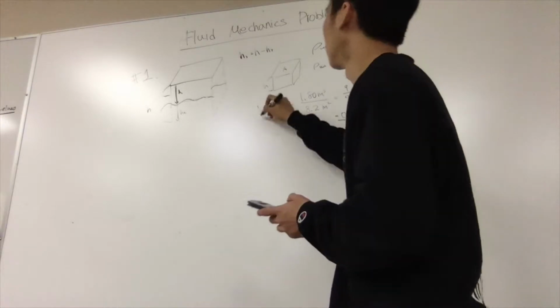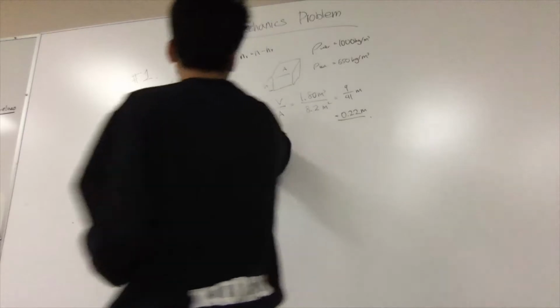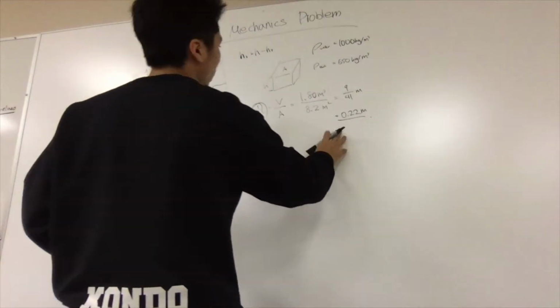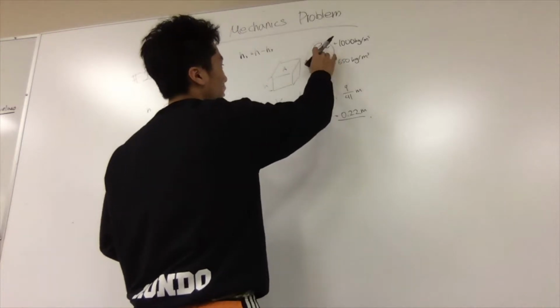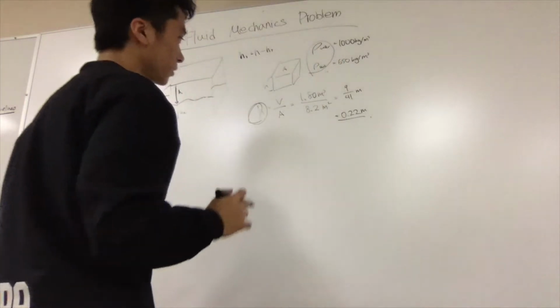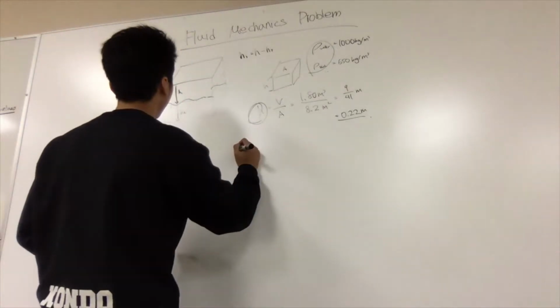So now we know the whole height, and we want to know how much it is submerged into the water. We could calculate this by measuring the difference of the density of the block and the water and multiply them by the whole height. So it would look like this.